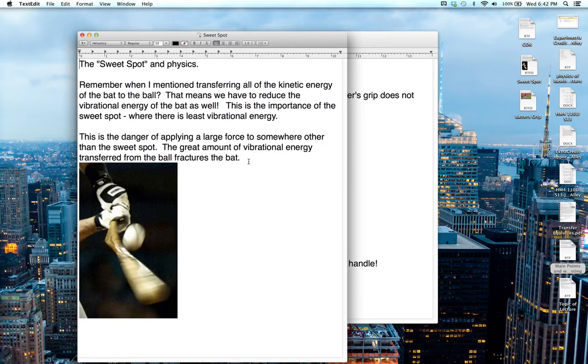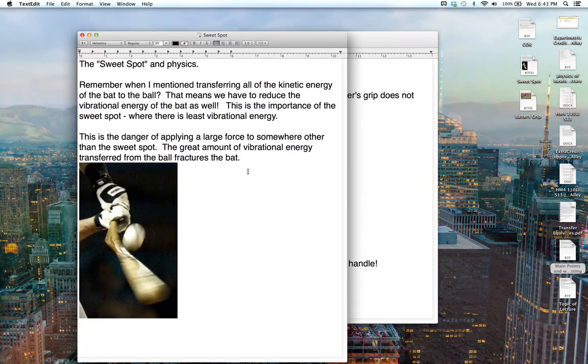Next was the sweet spot. And as I mentioned earlier about kinetic energy, this is really important, the sweet spot, because if you don't hit the sweet spot, there becomes the introduction of vibrational energy and thermal energy being transferred to the bat. Therefore, if you hit the sweet spot, you will have all the energy from the bat going to the ball, ideally.